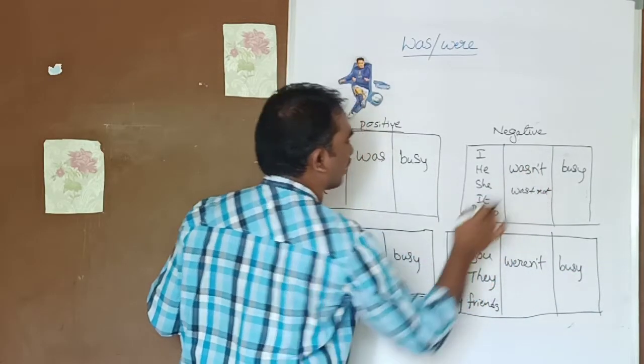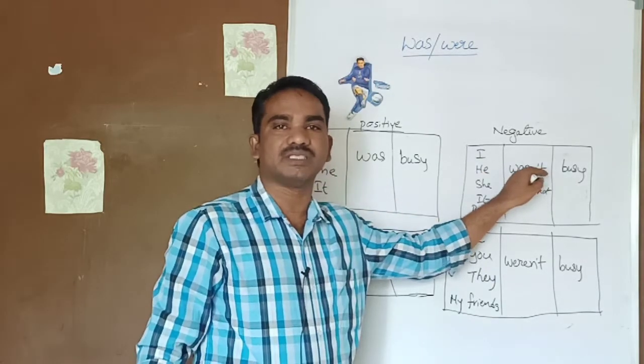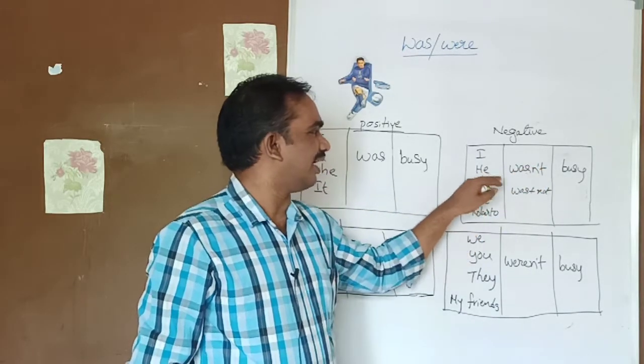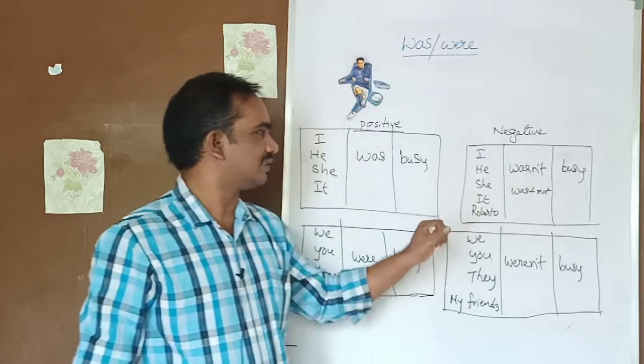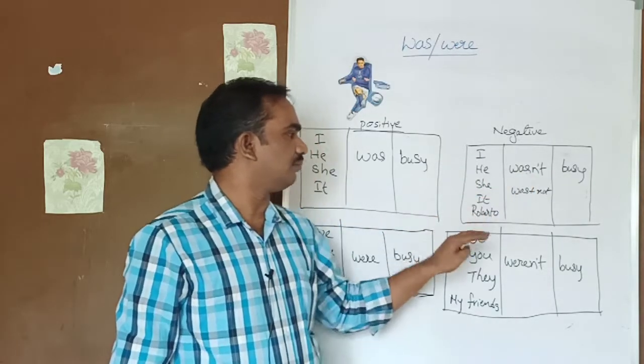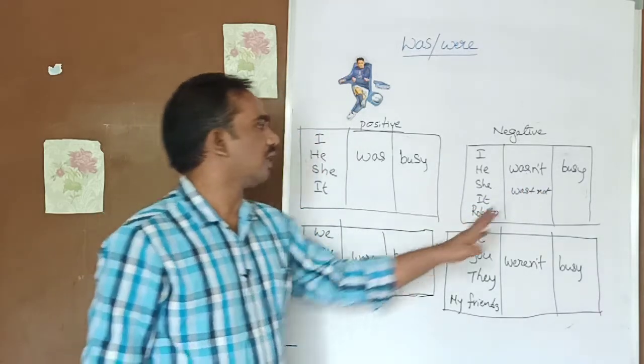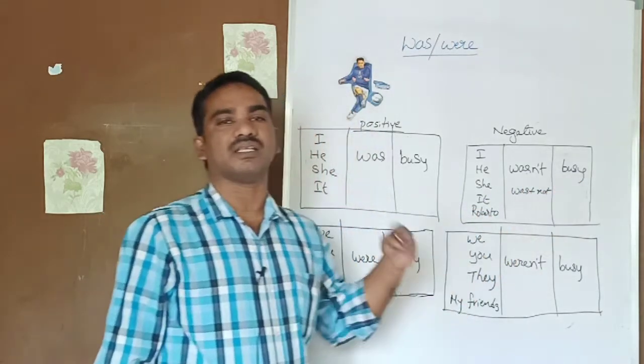So this is the contracted form. I wasn't busy. And he wasn't busy. She wasn't busy. It wasn't busy. Robert wasn't busy.